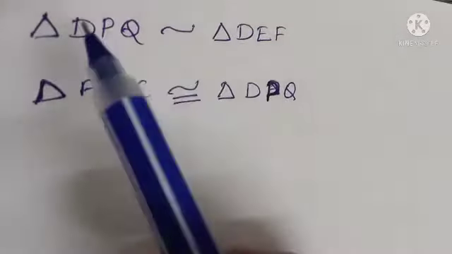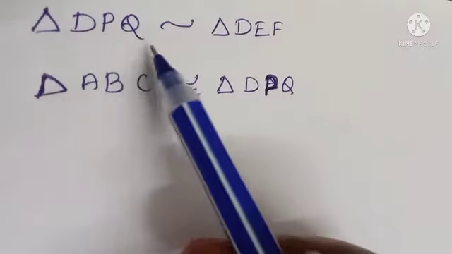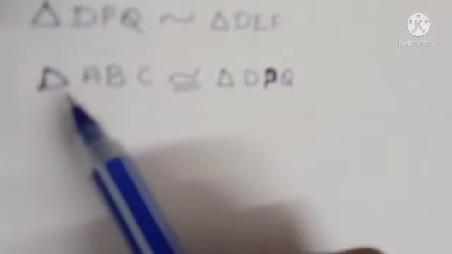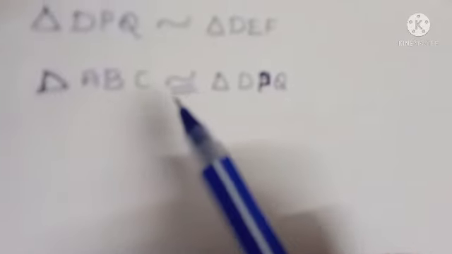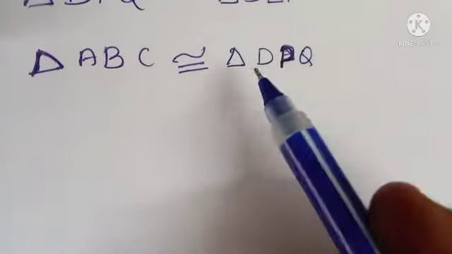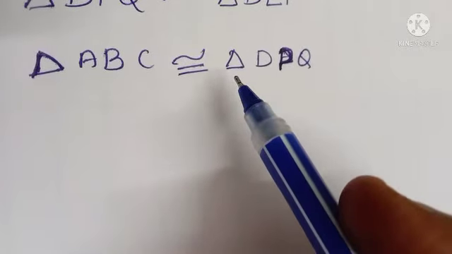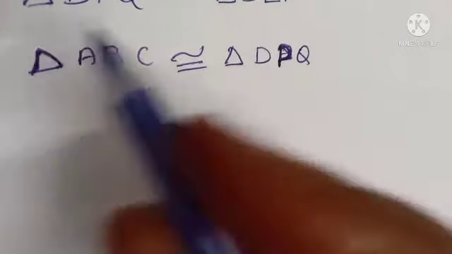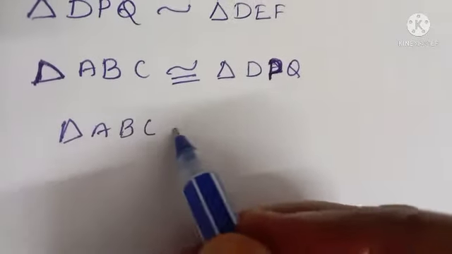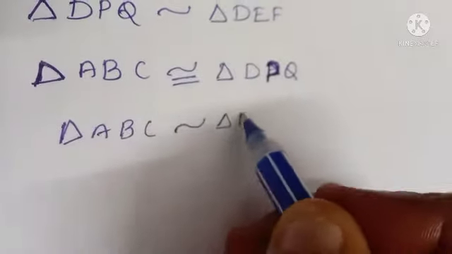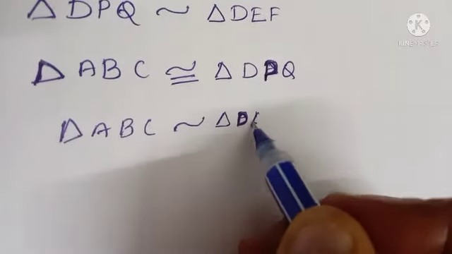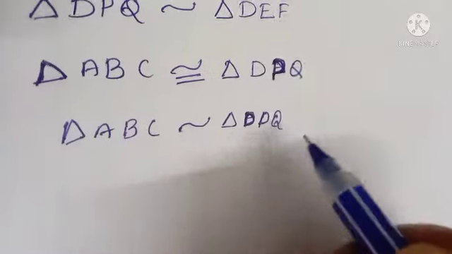So now we have triangle DPQ similar to triangle DEF, and triangle ABC congruent to triangle DPQ. All congruent triangles are similar, so we can write triangle ABC similar to triangle DPQ.